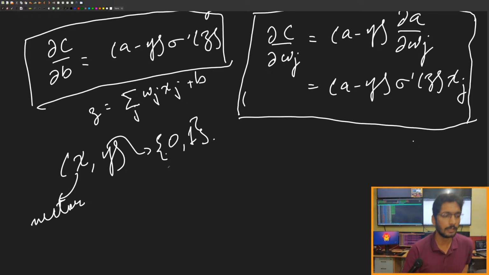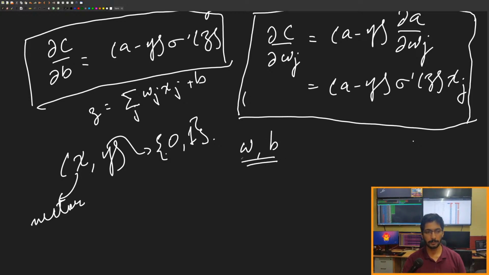Now what we want to do is update the value of W and the value of B based on the entire data. Just computing a single data point is not going to give me an idea of what the rest of the data is doing.